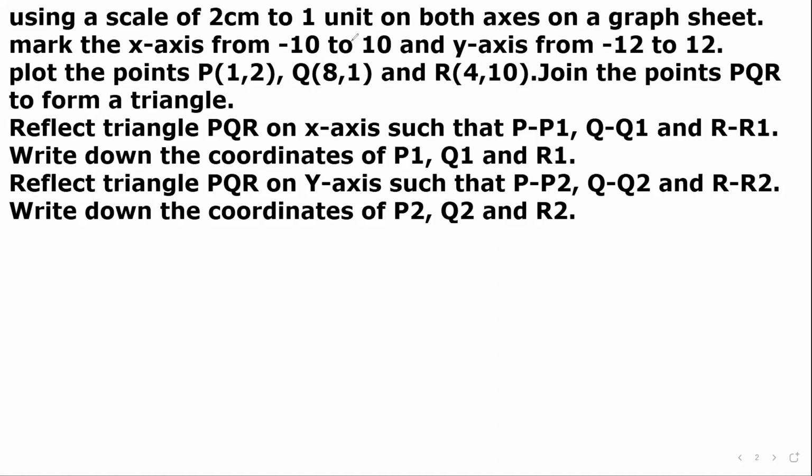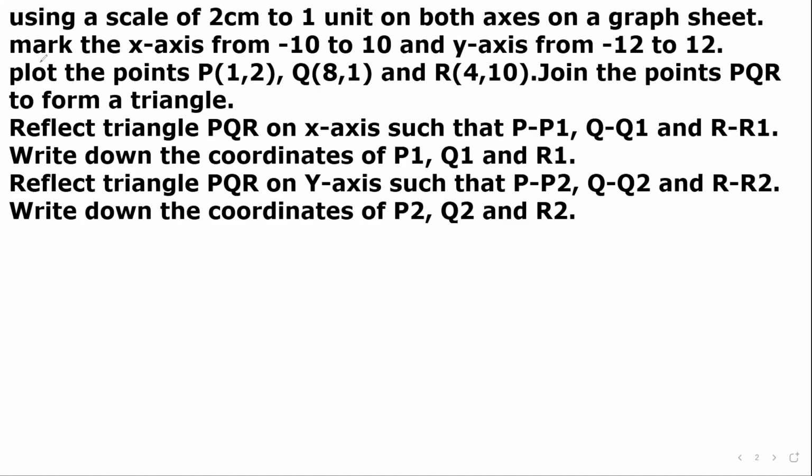And then you move on to the y-axis, you number from -12 to +12, which means from the origin, which is the 0, to the +12 on the y-axis, and then from the origin to what, which is the 0, to the -12 on the same y-axis below the origin.